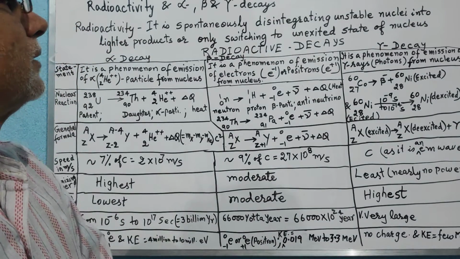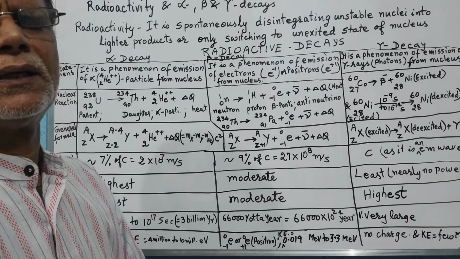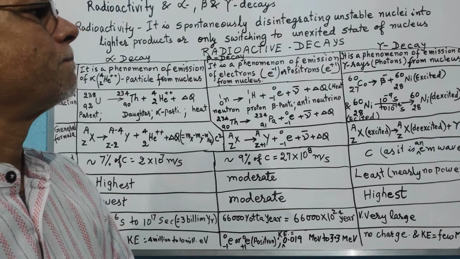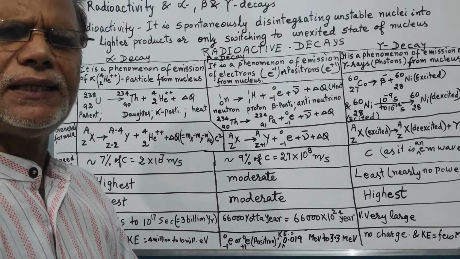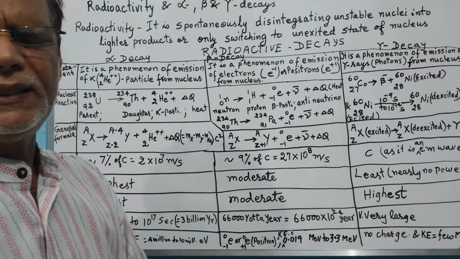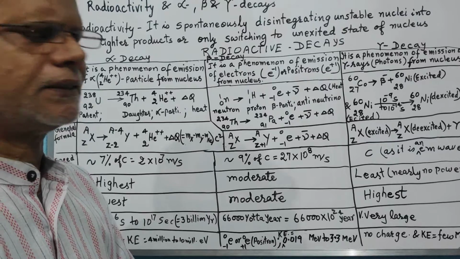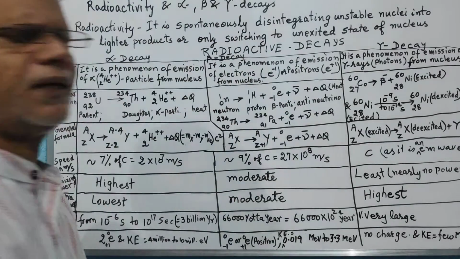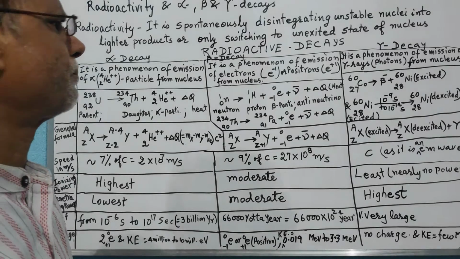The spontaneous disintegration of nuclei is called radioactivity, and it happens in three ways, namely alpha decay, beta decay and gamma decay. Here we have all these three decays compared side by side, so that it becomes very easy for us to keep it in our memory.